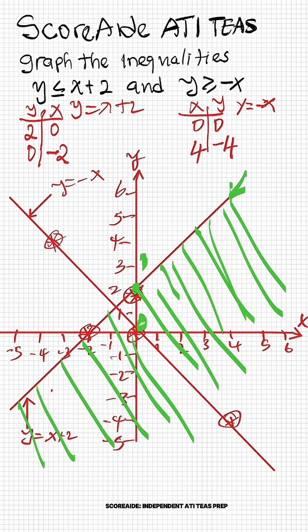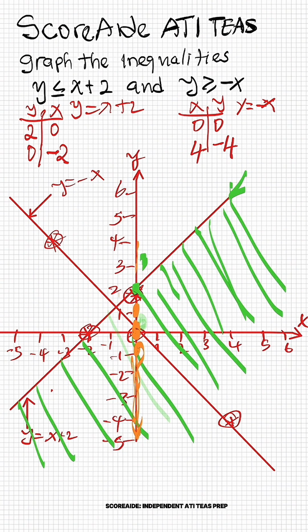Now, let's go to the second inequality. For the second line, we're having y values greater than or equal to minus x. So let's look at the line y equal to minus x. You see that these y values are strictly less than this one up here, as less than these y values up here.